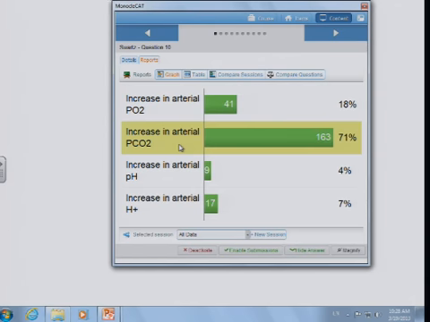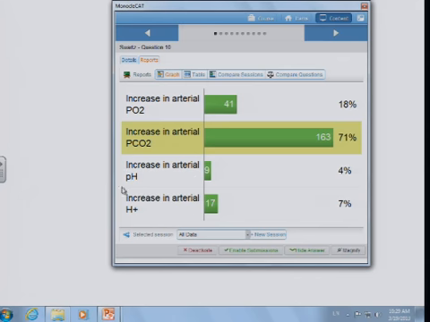That hydrogen ion affects the receptor. But that all initiates with a high arterial CO2. Increase in arterial pH. Now, if we increase the pH, that means we make it more basic. Okay? If anything, that's going to decrease ventilation. All right? So that will decrease ventilation.